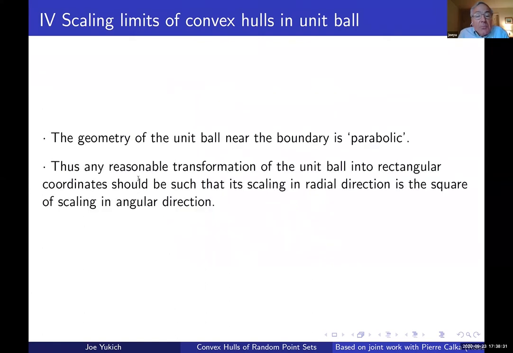This means that because the geometry of the unit ball near the boundary is parabolic, not just near the South Pole, but everywhere, any transformation of the unit ball into rectangular coordinates should be a transformation such that the scaling in the radial direction is the square of the scaling in the angular direction. So we want to find a transform that is parabolic in this sense. The question is, what transformation does the job?